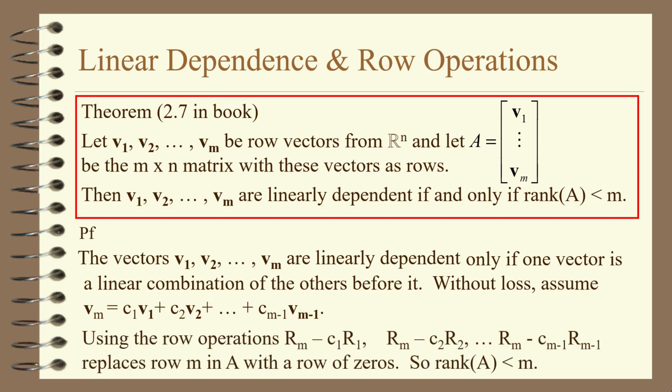If you then perform these row operations in order, Rm minus C1 R1, Rm minus C2 times R2, and so on, where R1, R2 are just the rows v1, v2, and so on, and c1, c2, and so on are just the coefficients in this linear combination, it will always wipe out one row. The row Rm will now be a row of zeros. If the mth, or any row, becomes a row of zeros, then the number of leading entries will be less than the number of rows. So the rank of A has to be less than the number of rows. That's it. And the proof is reversible very easily.